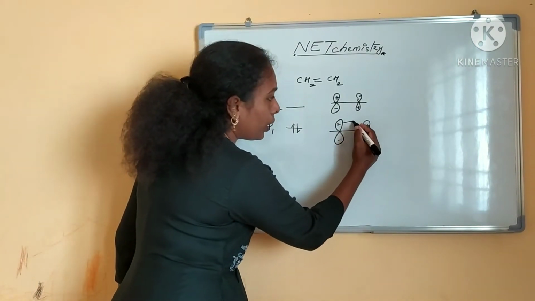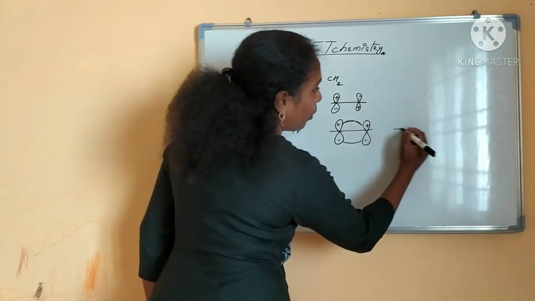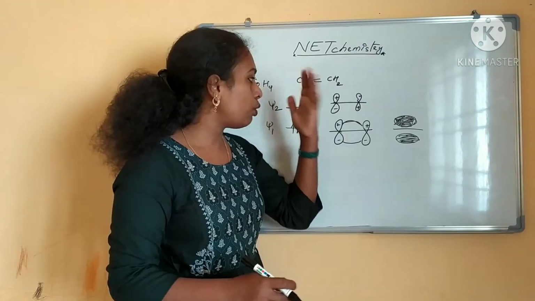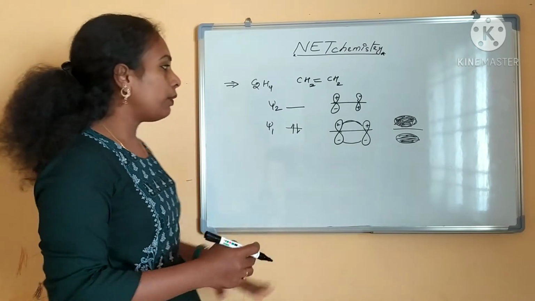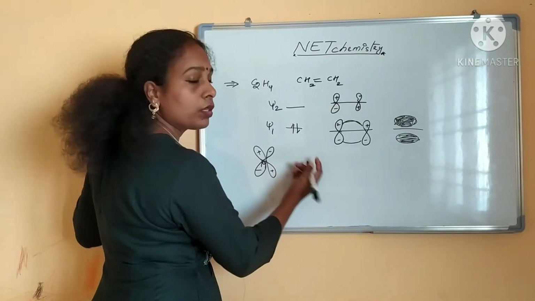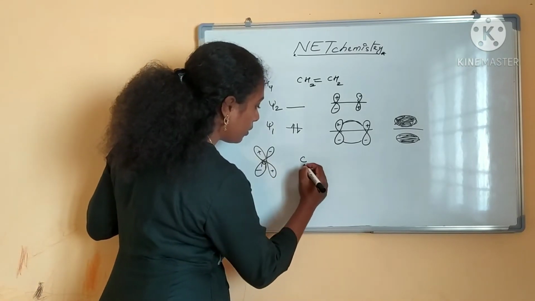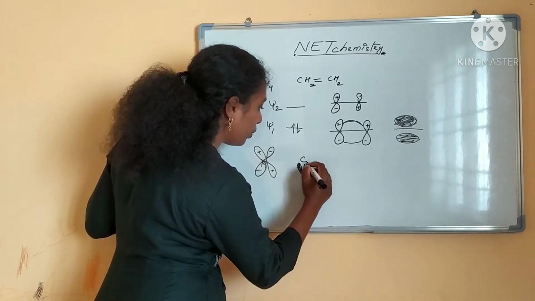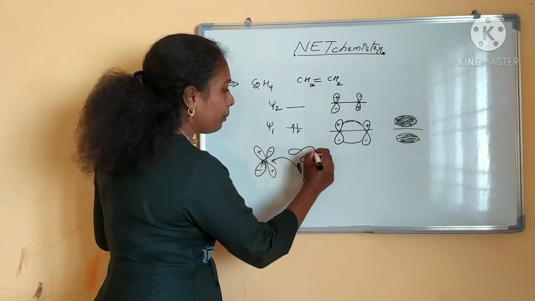Bonding condition means this will join together and this will join together, right? It will form like this. Bonding condition means it will be combined together like this. So how will it act as a pi acid ligand? What will happen if it is joining with a metal? So this is the metal orbital. What will happen? These pi electrons will be flowing into the metal, and the pi star orbital will be like this, right?